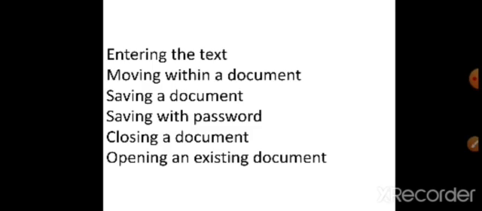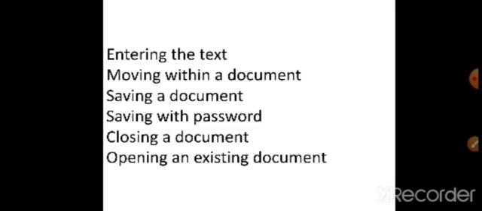In this dialog box, you have to enter the password in the Enter password to open text box, and retype the same password in the Confirm password box for confirmation. Finally, click the OK button. Now your document will be protected with the password.